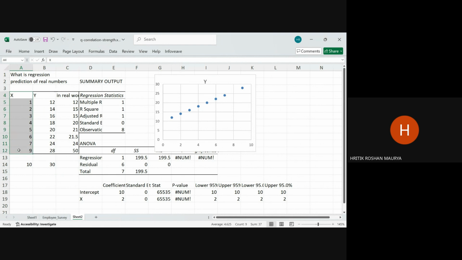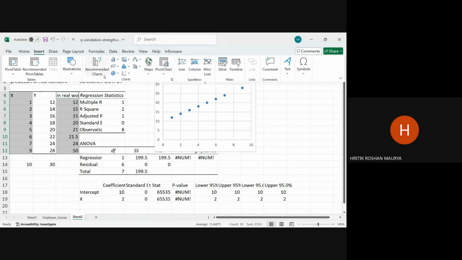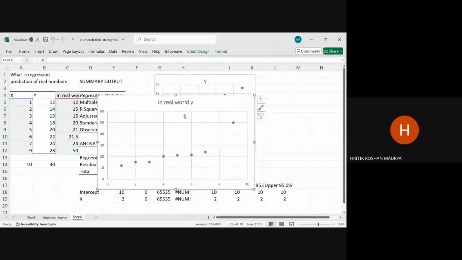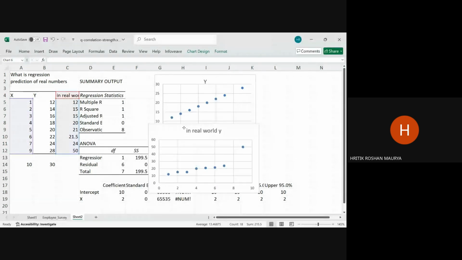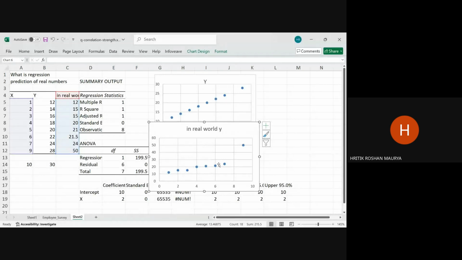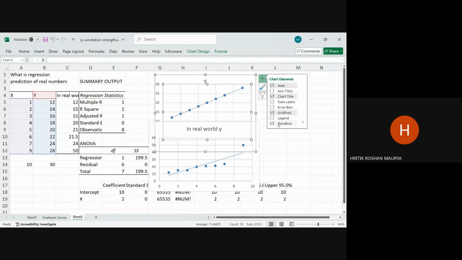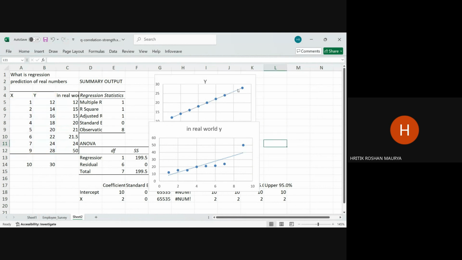If I select this row and this, and again go to Insert and insert the line chart, you can see the data seems quite good, but there is some variation. Maybe I could add a trend line here, and here also. So this is the expected trend line, but there is some noise between them.